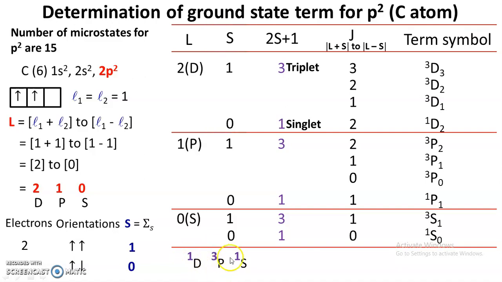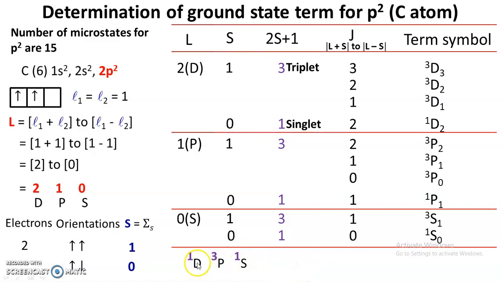So 1, 3, 1. So D1, P3 and S1, these are the allowed terms. These allowed terms are based on the selection rules. Now, I am not discussing details about this here. It is out of the scope of this syllabus. And so on the basis of the selection rule, these are the possible terms.